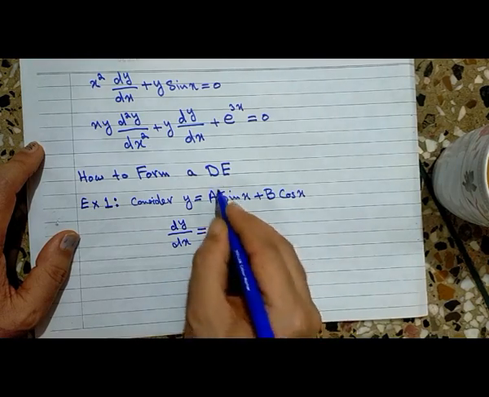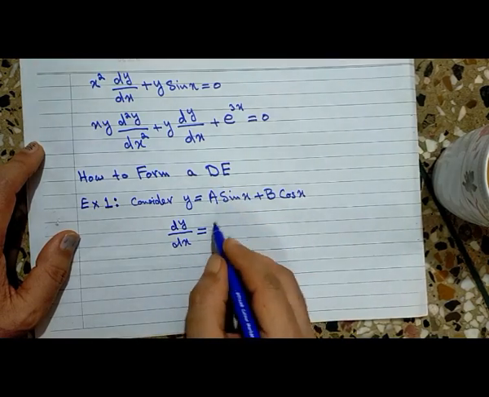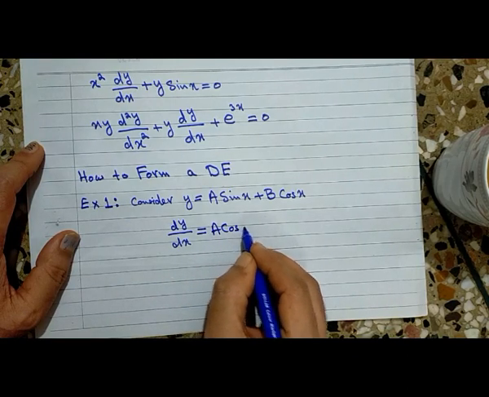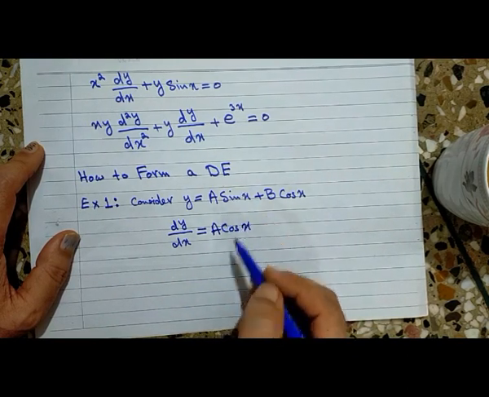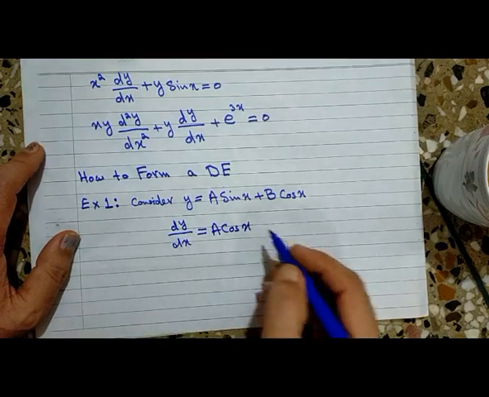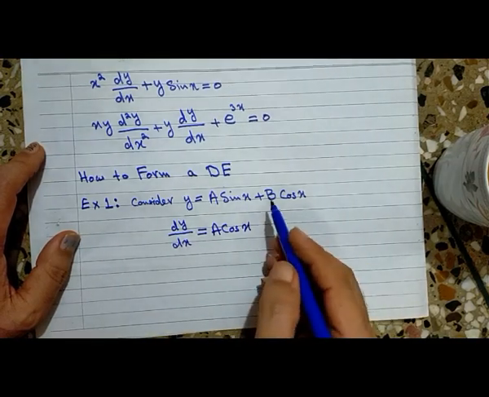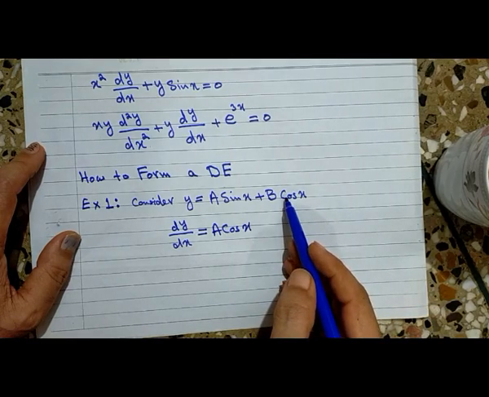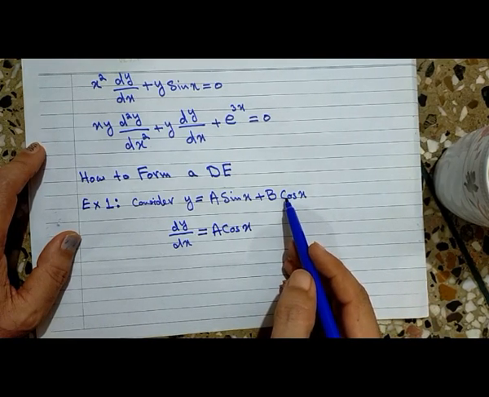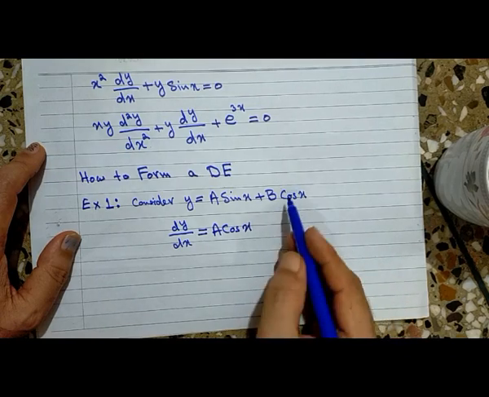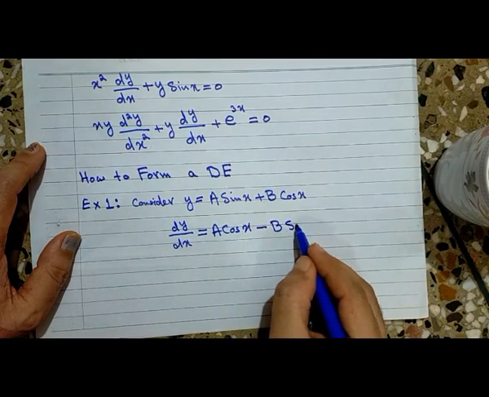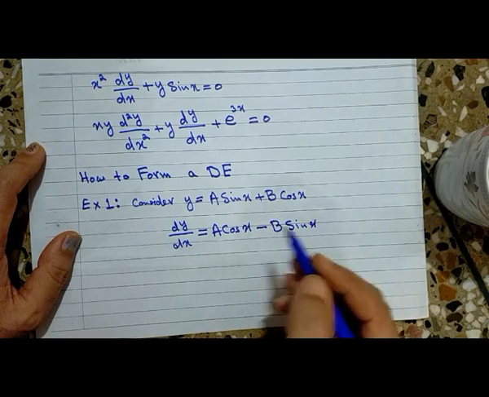Differentiating this term, this will become a cos x, because the derivative of sine x is always cos x. And when we differentiate this one, the derivative of cos x is always, yes, you are right, minus sine x. So this will be minus b sine x.